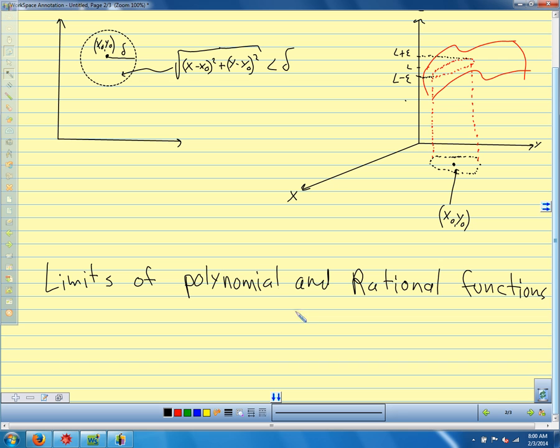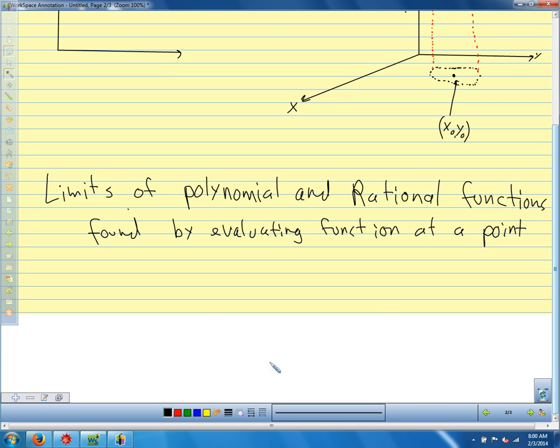Limits of polynomial and rational functions are found by evaluating the function at the point we're interested in. So polynomials and rational functions are nice.